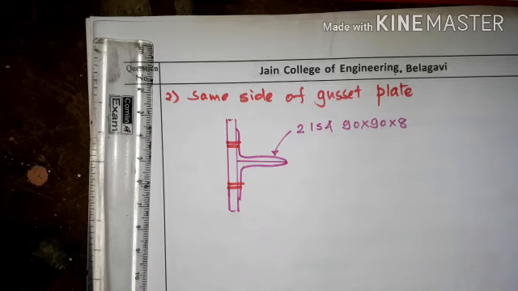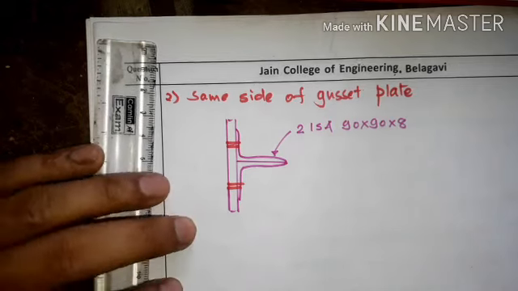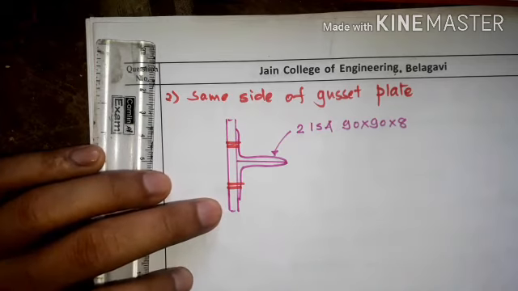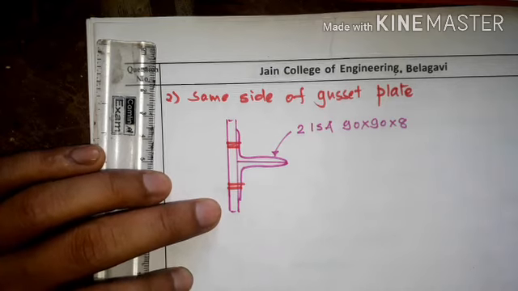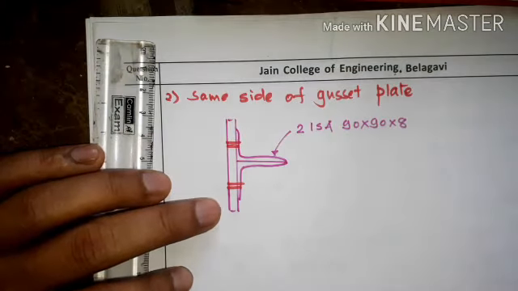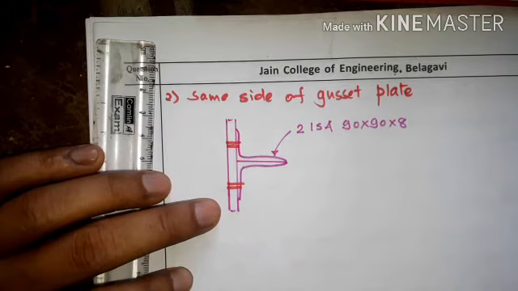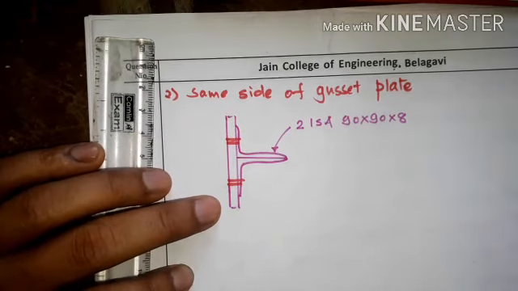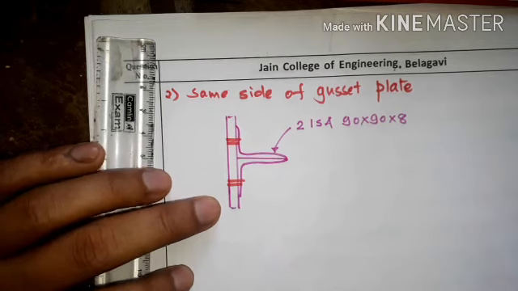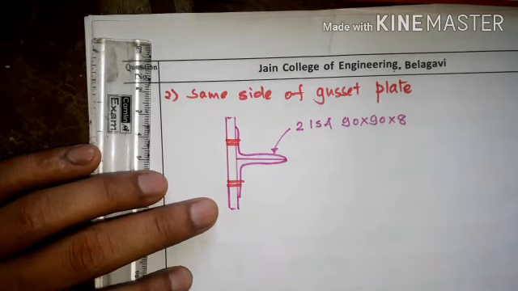So next, as I told you when I solved the problem with two angles placed back to back, what is the change when the two angles are provided back to back, and when two angles are provided on the same side of the gusset plate?